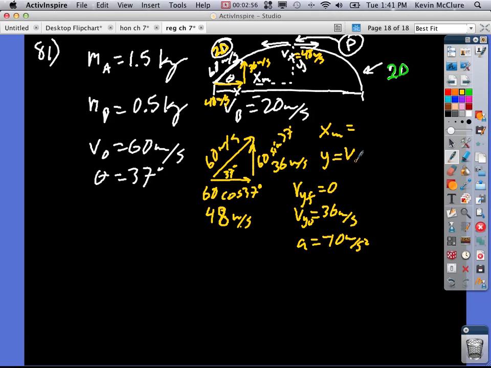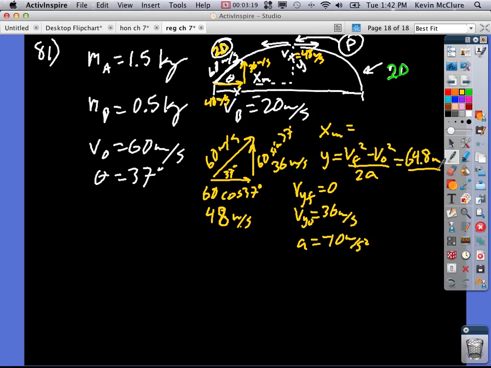Y is going to be Vf squared minus V0 squared all over 2a. If I plug that in, I get 36 squared divided by 20, which is 64.8 meters. So we know our height is 64.8 meters.